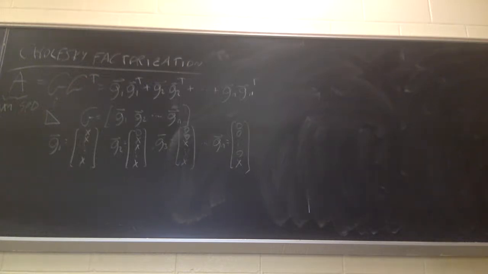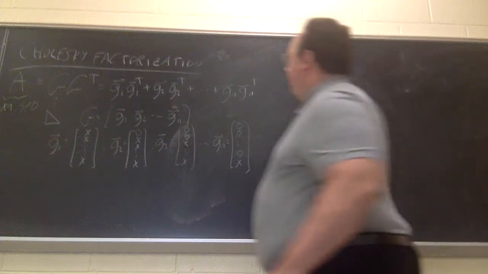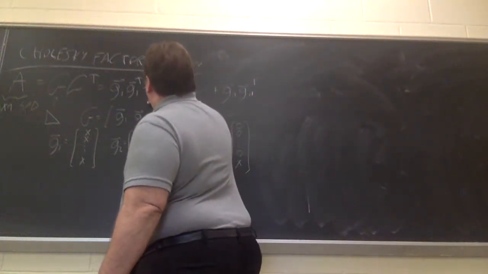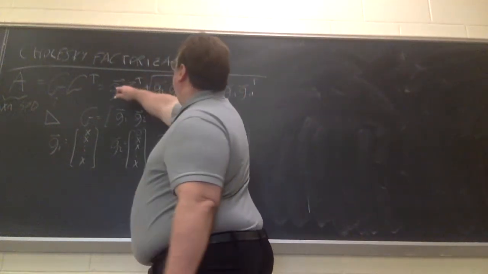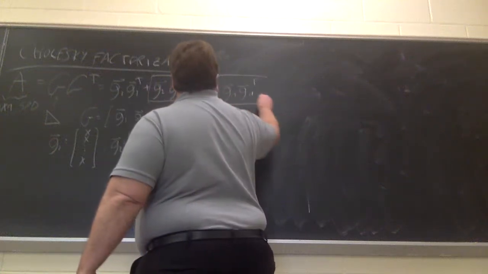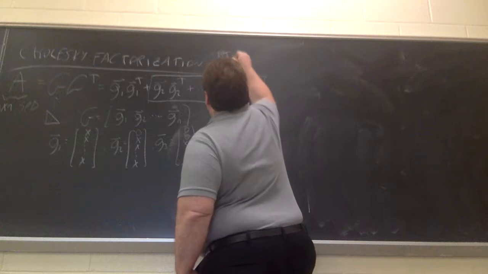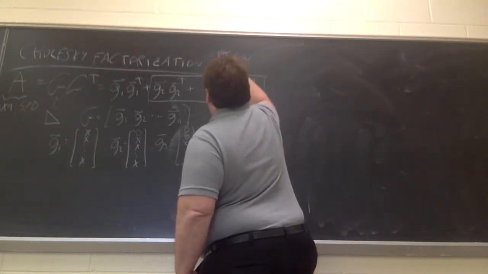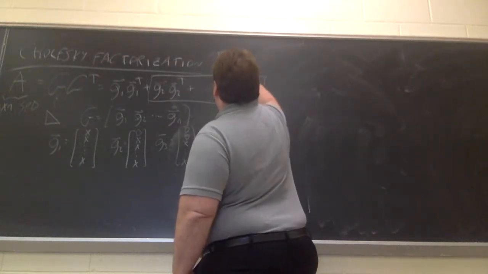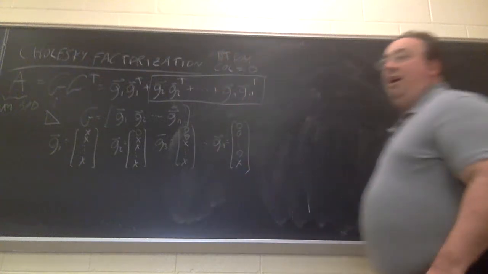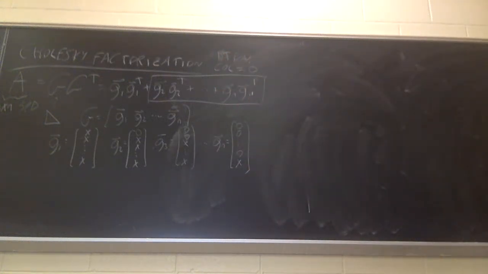And so one consequence of that is this part here. If I exclude the first term, G1 G1 transpose, and look at the rest, the first row and column of everything that I've boxed here must be entirely 0.